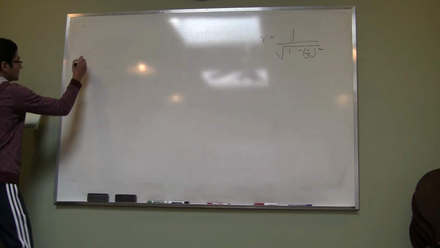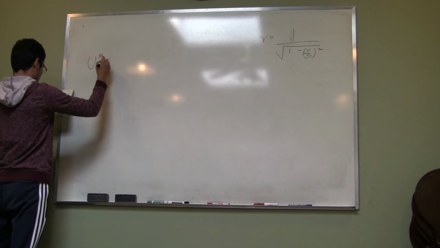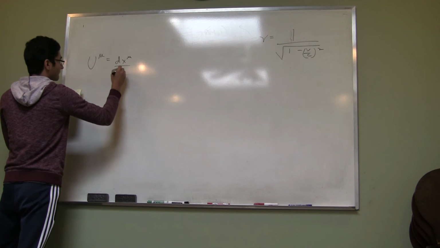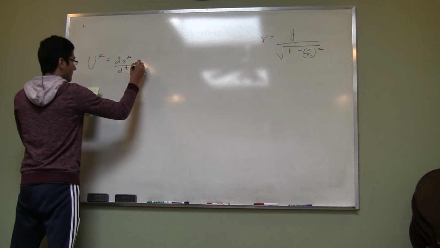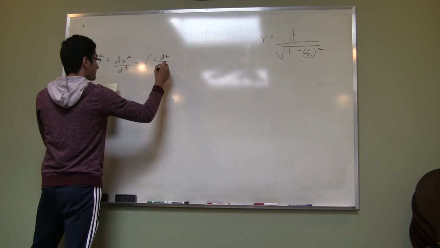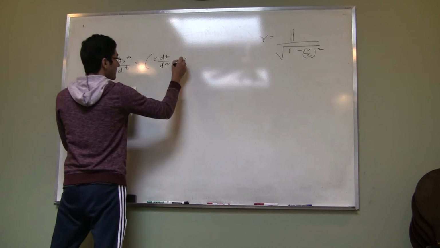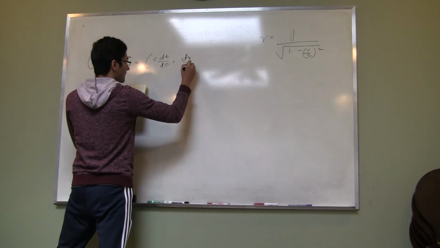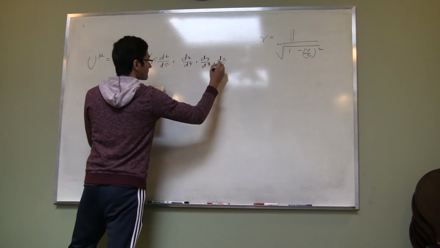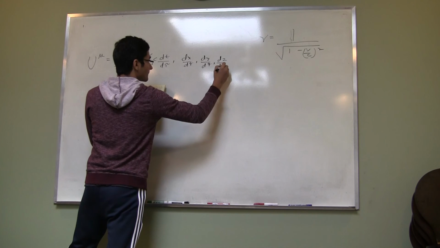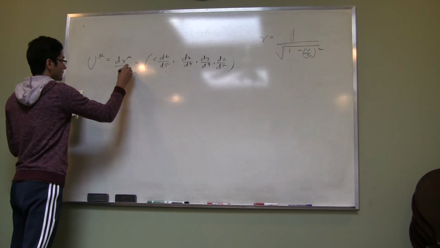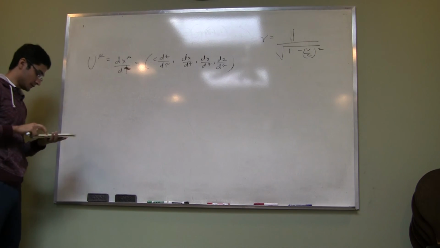Then they call this the 4-velocity, the derivative with respect to proper time.